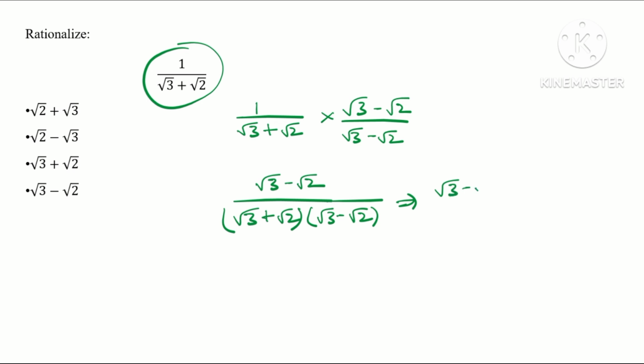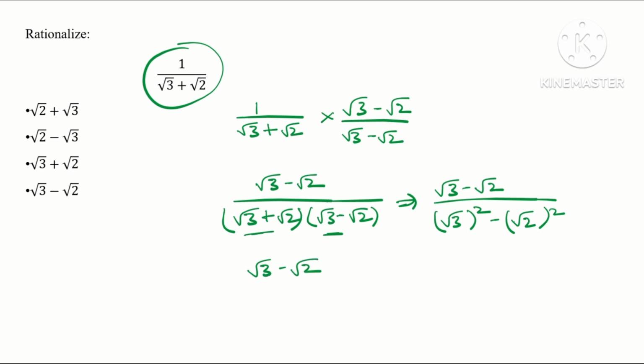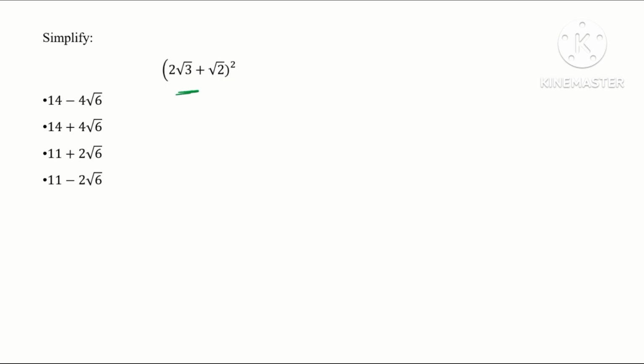It is in the form of a plus b into a minus b. So root 3 whole square minus root 2 whole square. The square roots get cancelled. 3 minus 2. So the answer is root 3 minus root 2. This is the answer.